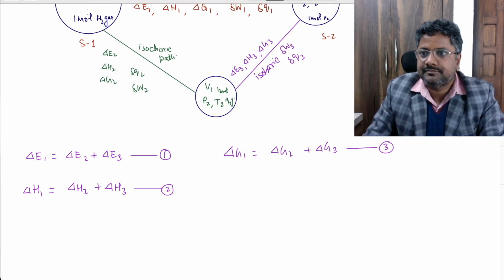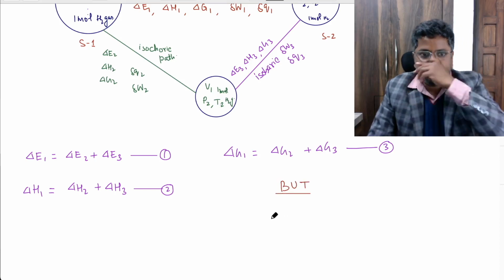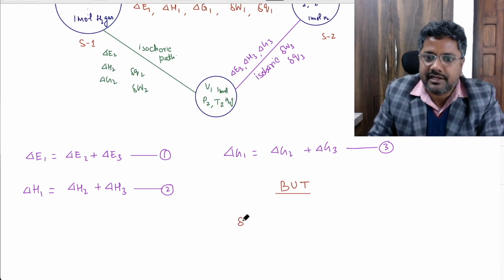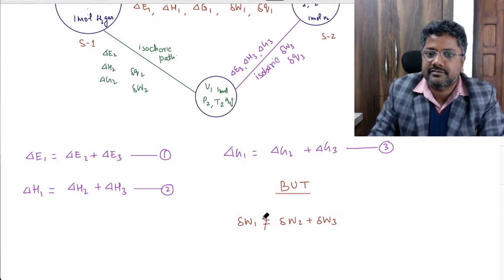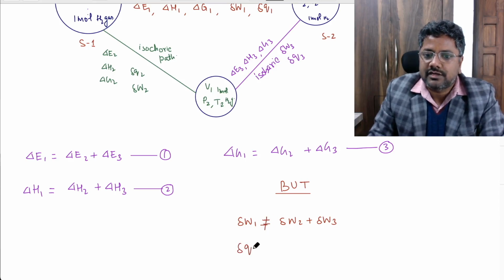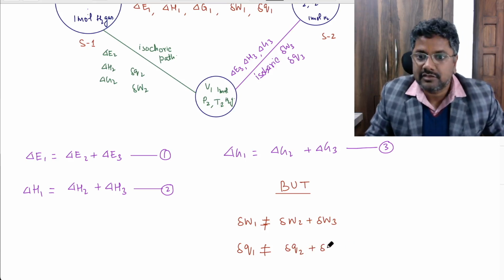But you cannot write delta W1 is equal to delta W2 plus delta W3. You cannot write this. And also you cannot write delta Q1 equal to delta Q2 plus delta Q3.